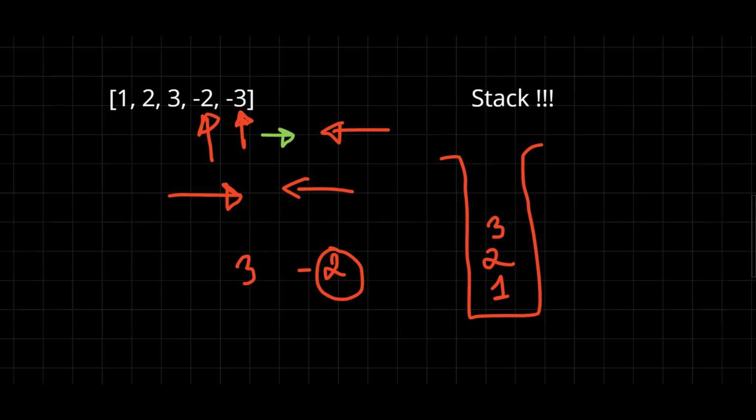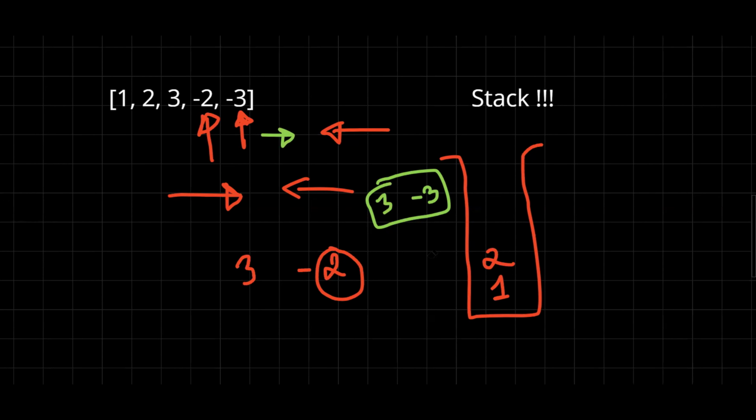If the collision happens, both 3 and -3 will disappear because according to the rules, if the strength of the asteroids is equal, both asteroids will vanish after the collision. So here we have to remove the top element of the stack, which is 3.